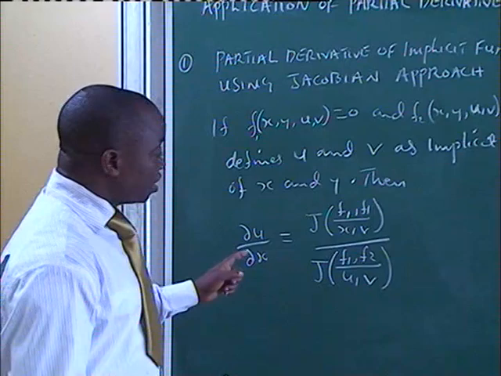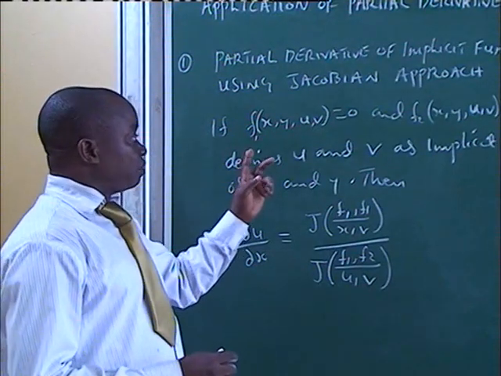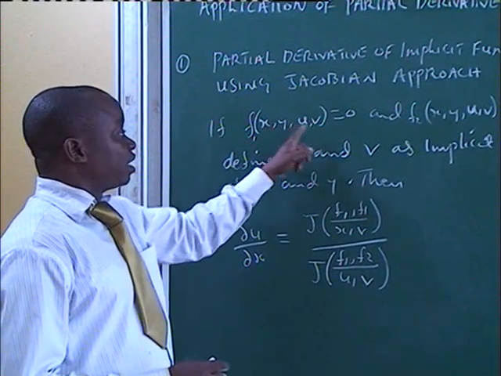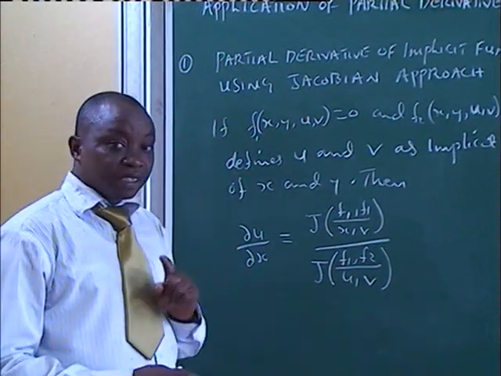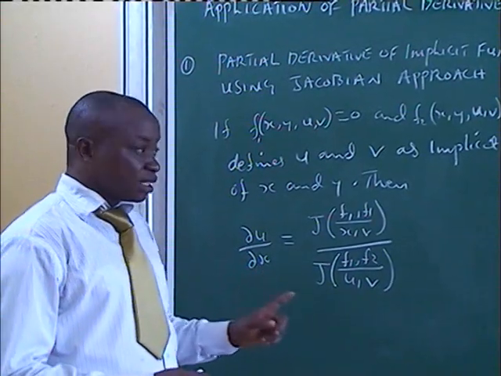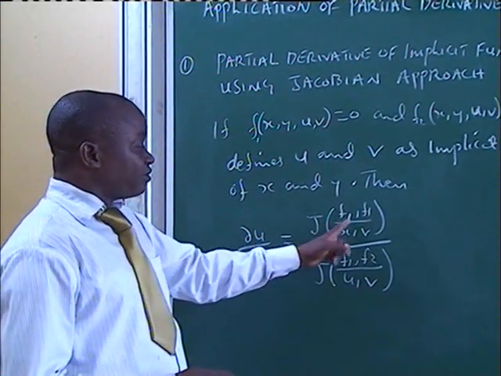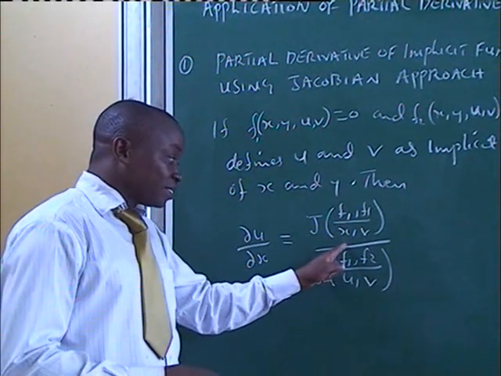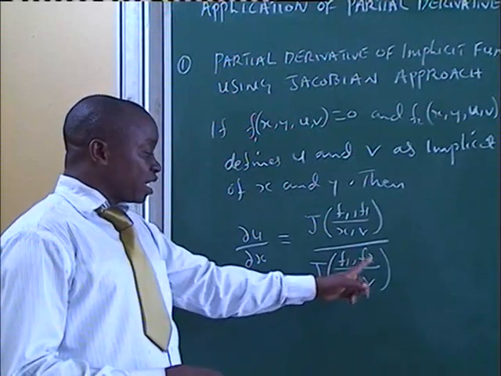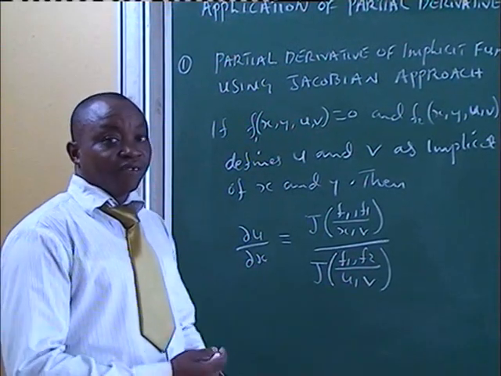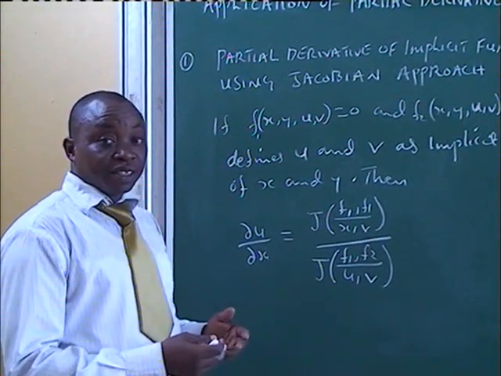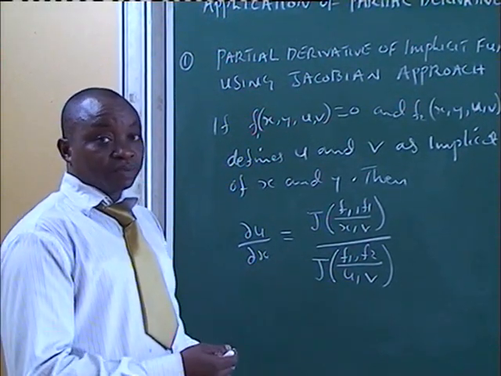If I have two equations of this form that defines u and v as function of x, y implicitly, then partial u partial x is the Jacobian of f1 f2 with respect to x and v divided by the Jacobian of f1 f2 with respect to u and v. So we are going to look at an example so that we see how it works practically.